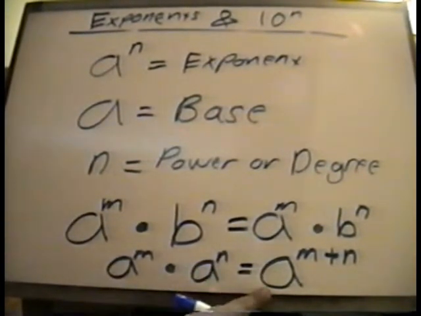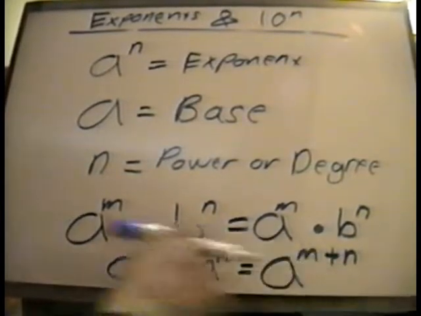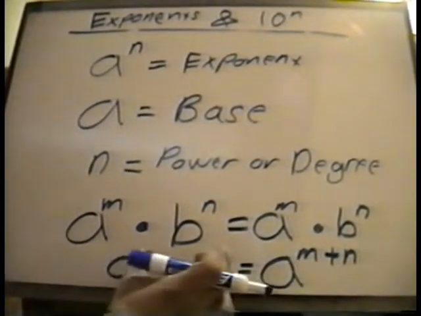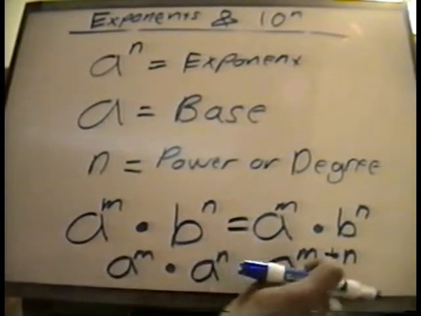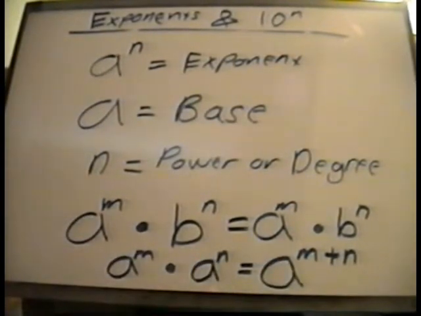So you basically add the exponents together, whatever their values may be. This here is a rule. You should know this. You need to memorize all of this.